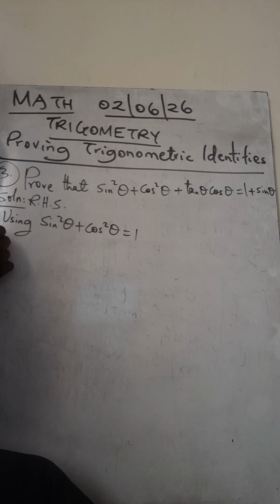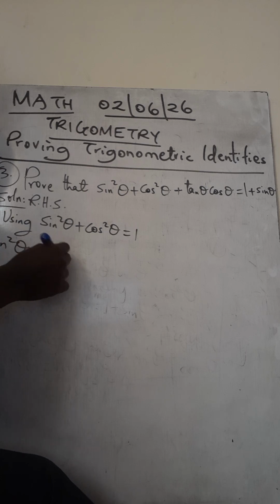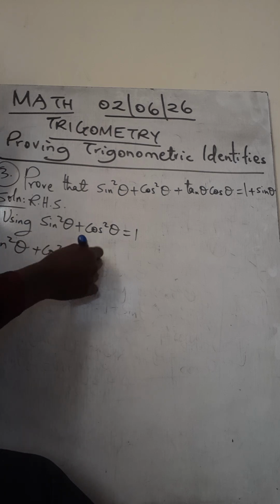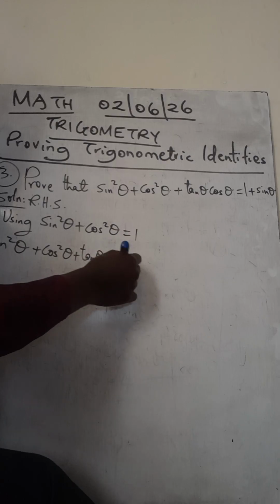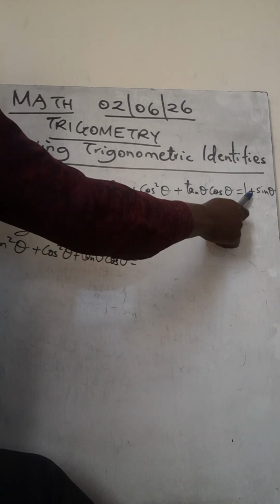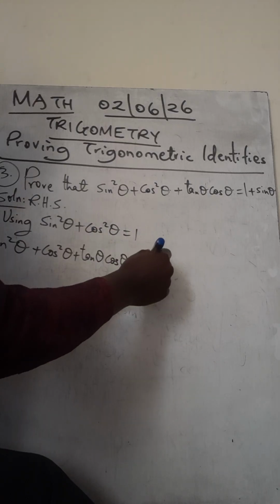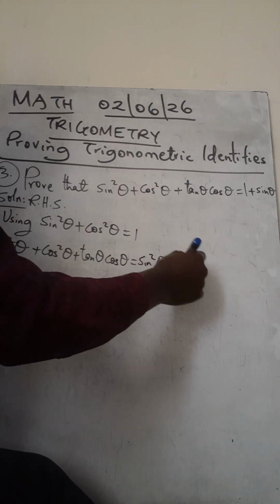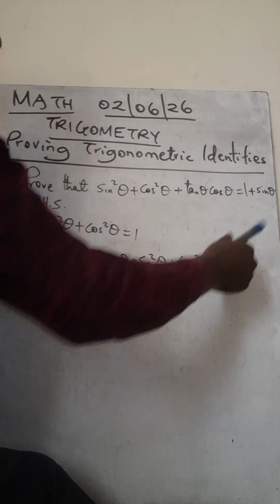So let me write. The left hand side remains the same. But here, where there is 1, I'm going to put there sine squared of theta plus cosine squared of theta, then plus sine of theta.